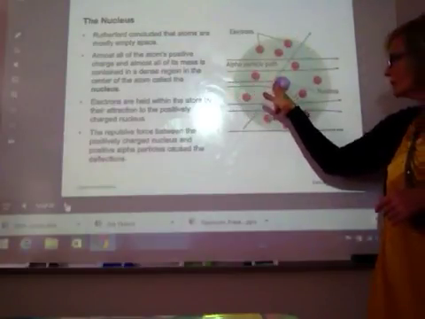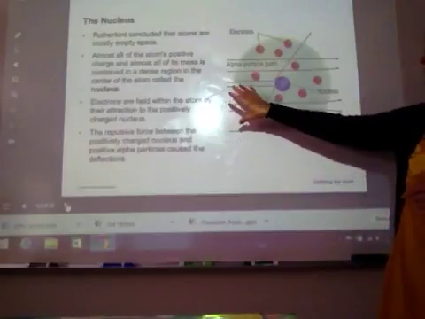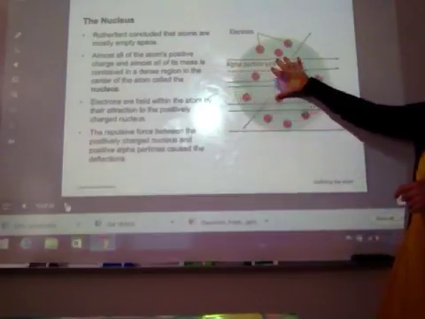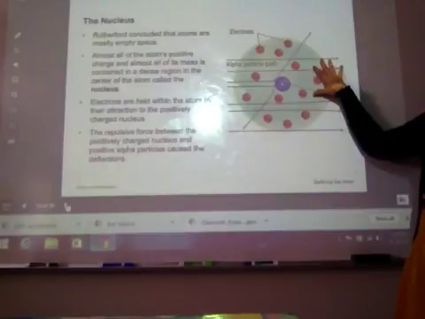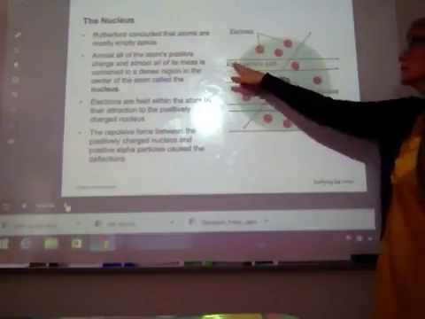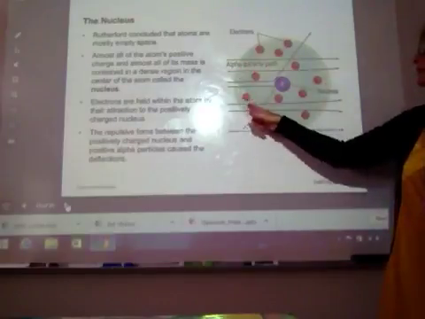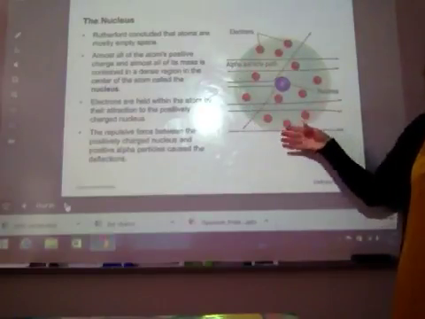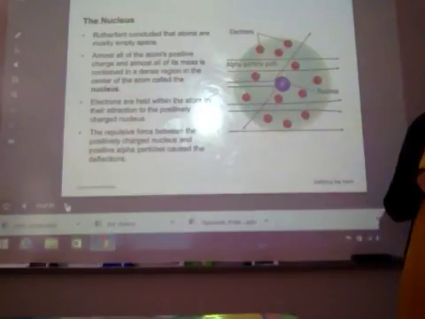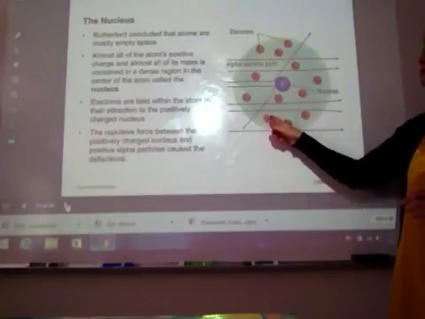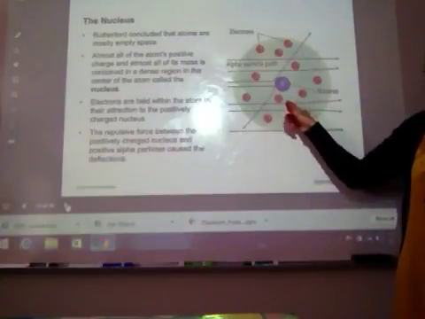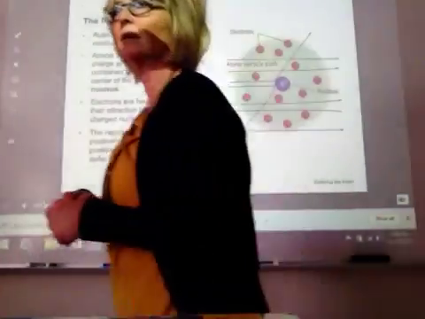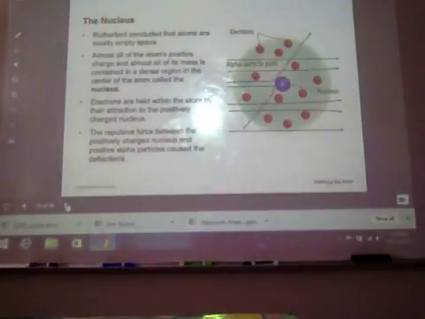If it hit right in the middle, it bounced back. But most of an atom is the electron cloud, or empty. It's not the nucleus. So most of those particles went right through and were not stopped by anything. An electron is too small to affect the path of the alpha radiation.